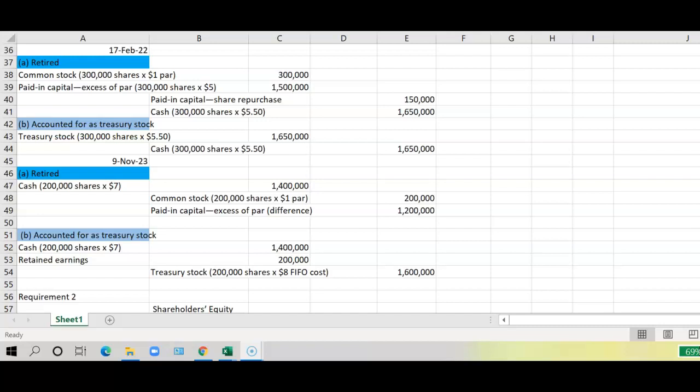The easiest journal entry would be to debit cash for the selling price, and 200,000 times $7 is $1.4 million. Now, they're going to credit common stock for 200,000 times $1 par, which is $200,000, and they're going to credit paid in capital in excess of par of $1.2 million.